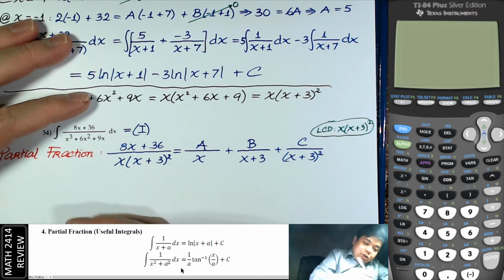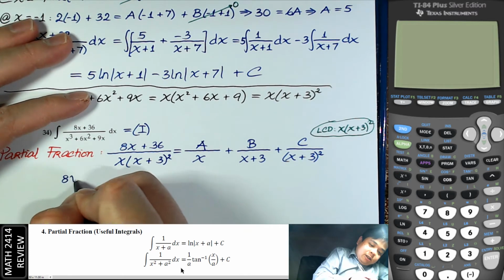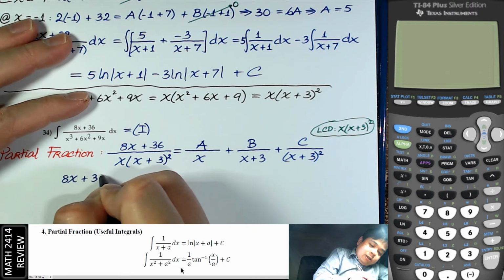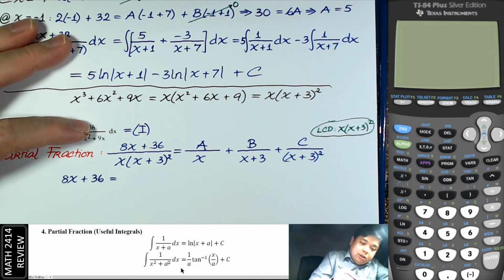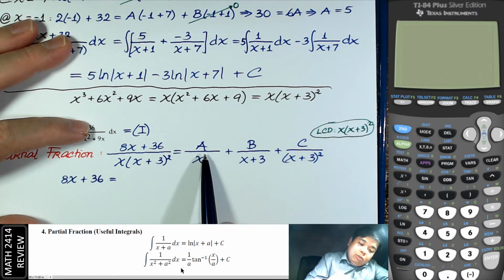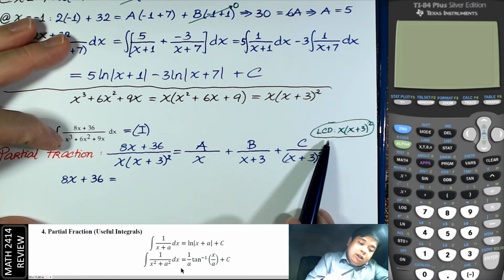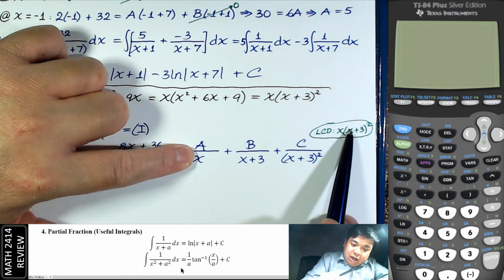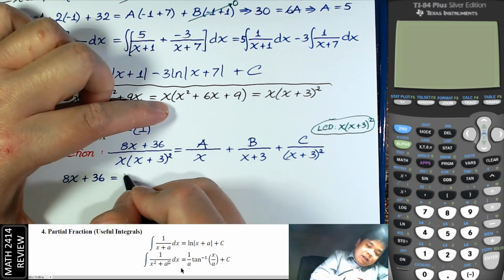That term cancels out, we just have ax plus 36. And x plus 3 cancels out completely. I'm sorry. Multiply that to that, x and x cancel out, we have a times x plus 3 squared.